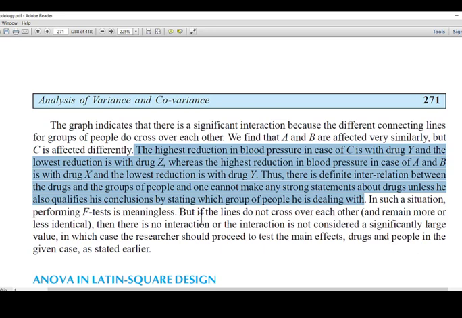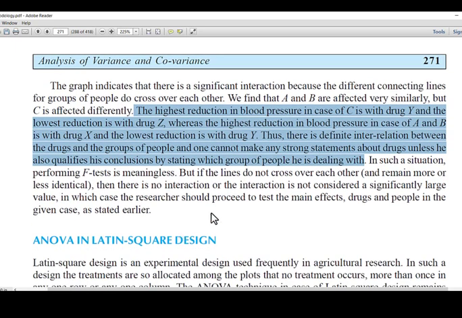But if the lines do not cross over each other and remain more or less identical, then there is no interaction, or the interaction is not considered a significantly large value, in which case the researcher should proceed to test the main effects, drugs and people in the given case, as stated earlier.